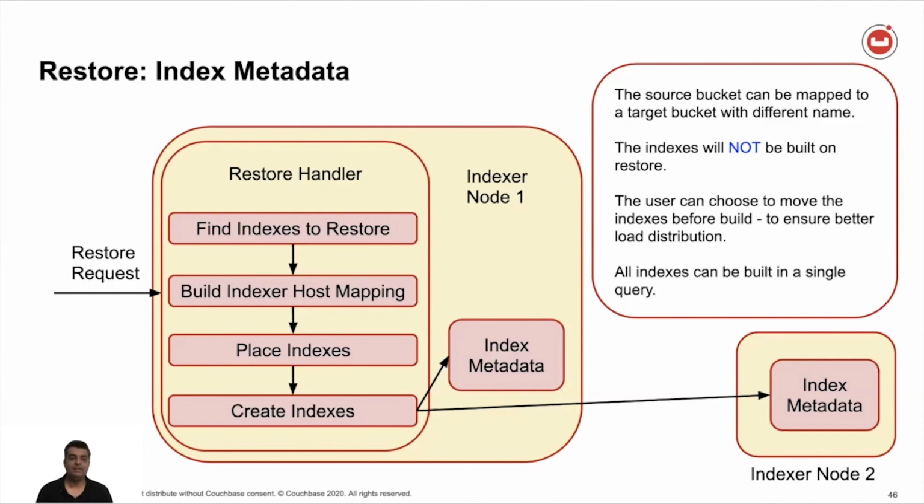This mapping will later help in placing the indexes on corresponding indexer nodes, and this gives us the best possible estimation for a better index load distribution for the target cluster. Once the index placement is decided, the corresponding create index requests will be sent to the corresponding indexer nodes, and the index metadata will be persisted in the local index metadata store.